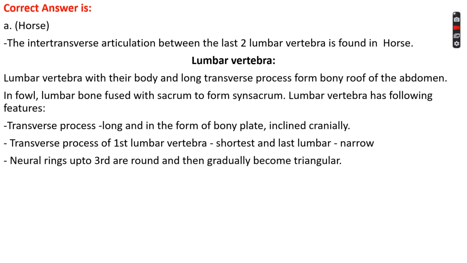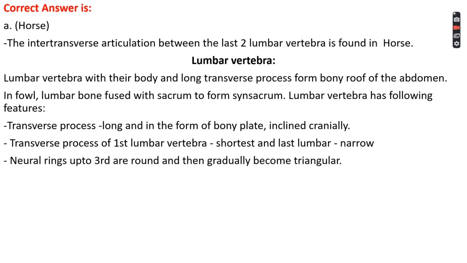The lumbar vertebra is mainly characterized by having a long body and a long transverse process, which forms the bony roof of the abdomen. In the case of fowl, the lumbar bones fuse with the sacrum to form a synsacrum.